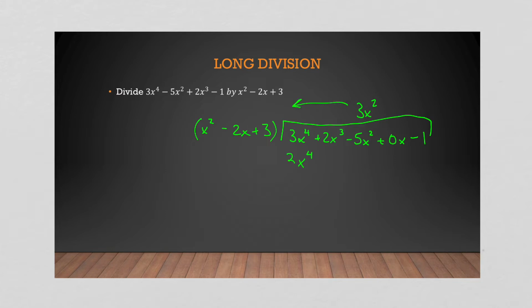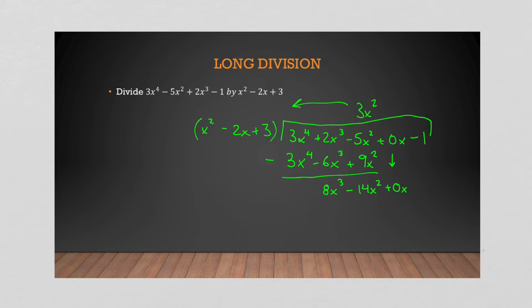So I'm going to end up with 3x to the 4 minus 6x cubed plus 9x squared. And now you still do your subtraction, you just end up with more things. So the 3x to the 4's cancel out, 2 minus, so I'm left with 8x cubed minus 14x squared, and then bring down that 0.